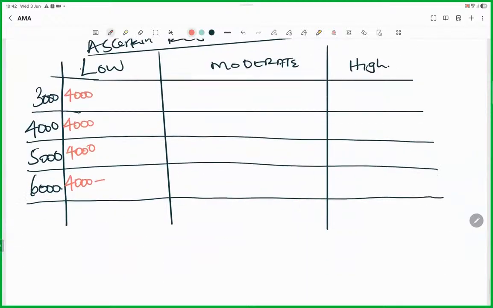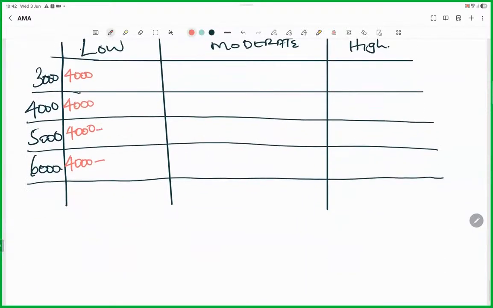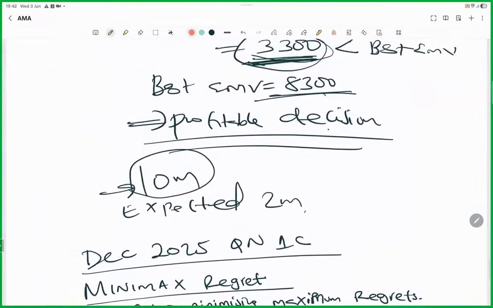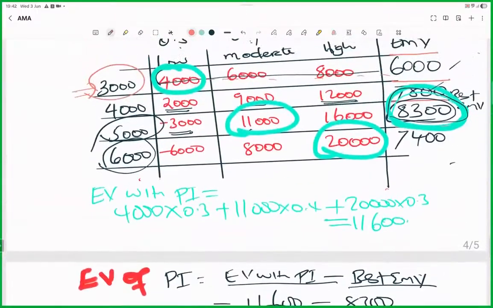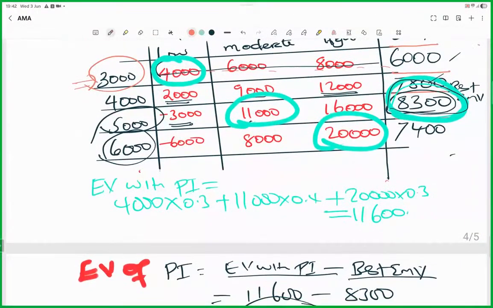Now for a minus, because I'm calculating opportunity costs. So for column number 1, you transfer all the values down here. So we have here 4,000, 2,000, minus 3,000, minus the way they are. So you select the best in each column, use it as the benchmark downwards, and then you reduce.